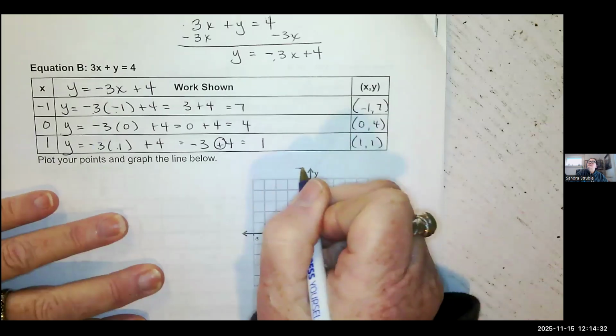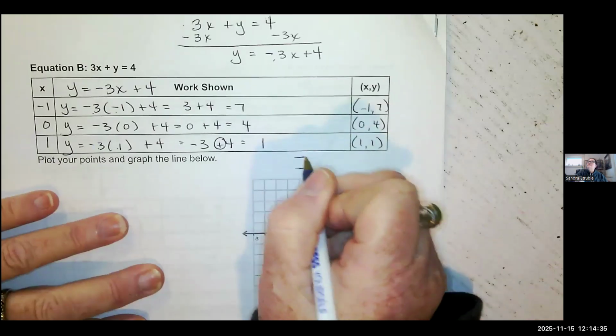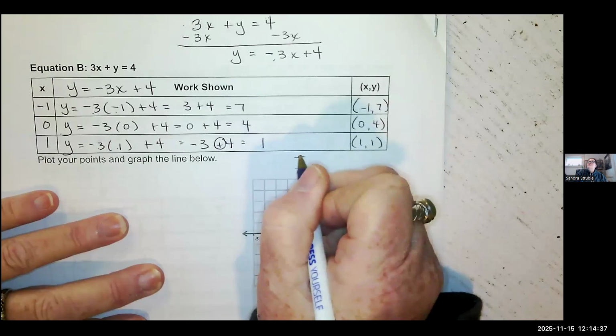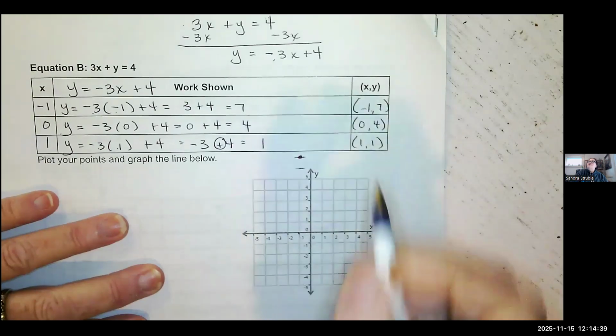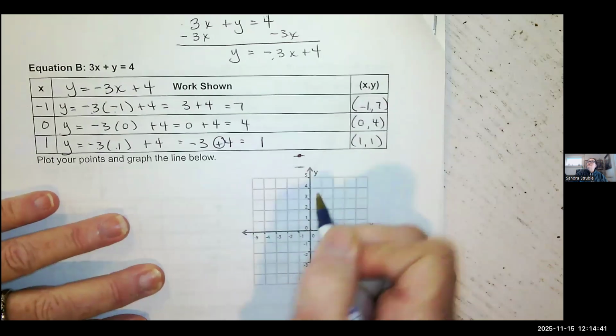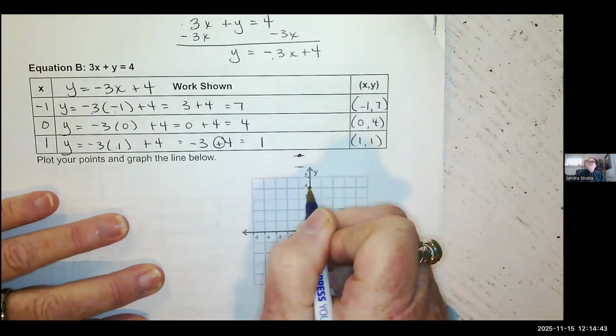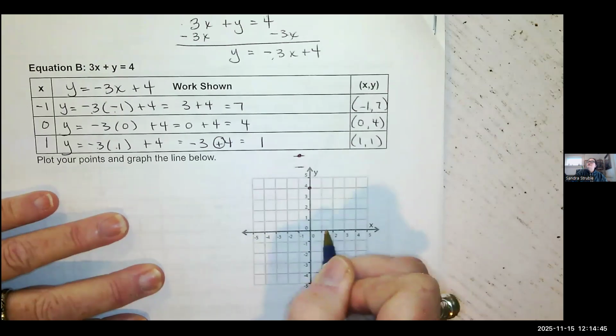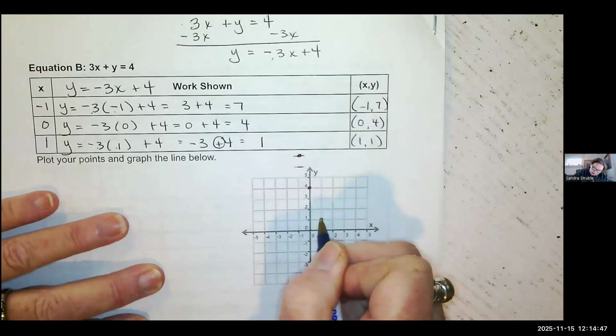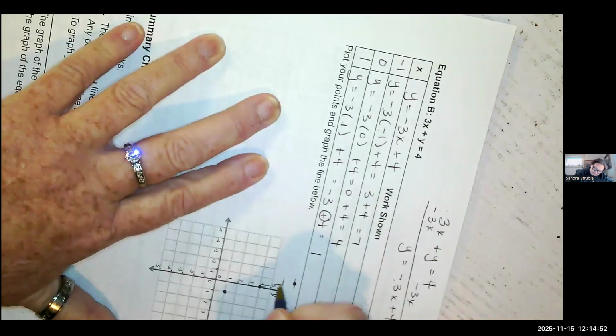So right there looks to be about -1, 7. 0, 4, so we don't go left or right, we just go up to 4 and place our point. And then the last one is +1, and there's our point. Give me a moment to connect the dots and continue them with my arrows.